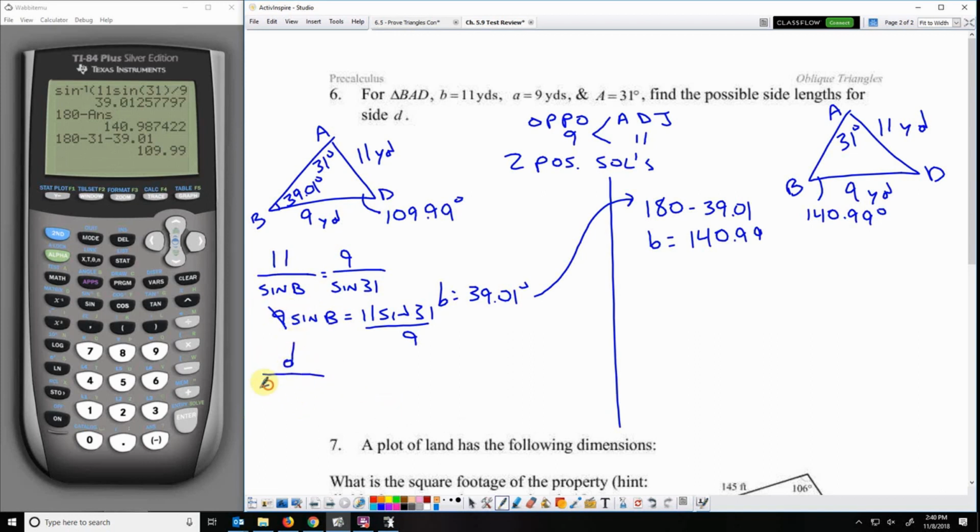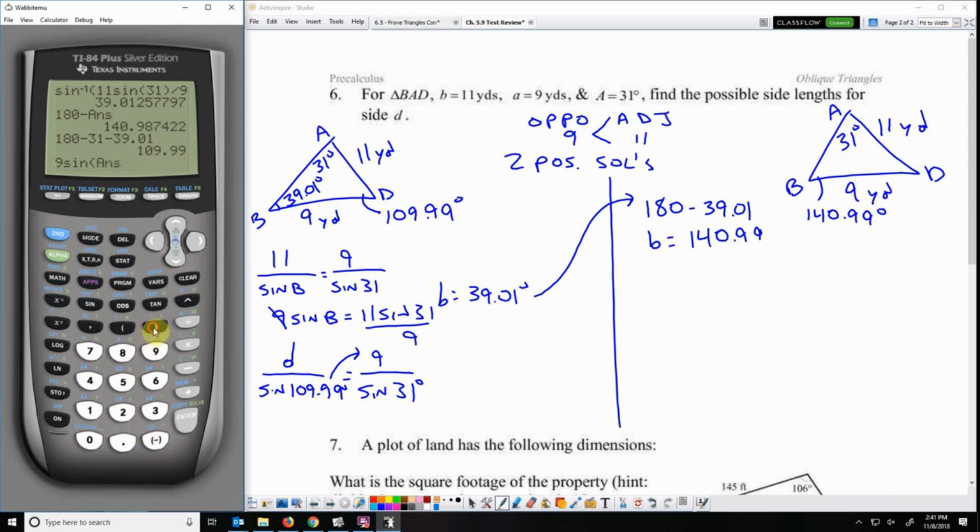It's D over sine 109.99 equals, I'm going to use the exact numbers instead of the 11 and 39.01. Here I'm going to use 9 and 31. 9 over sine 31. So I'm going to multiply this across. 9 times sine 109.99, which is my most recent answer.